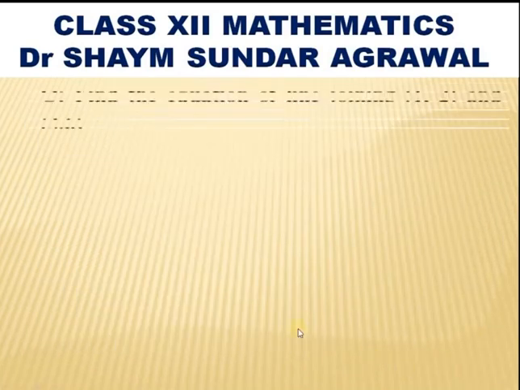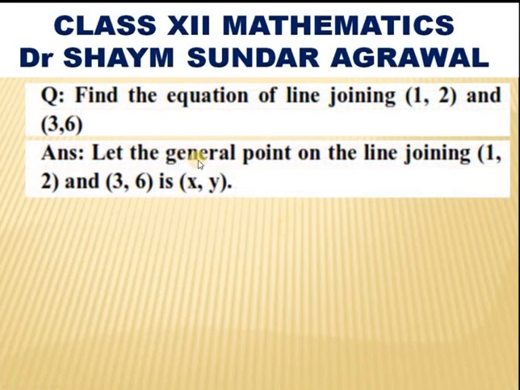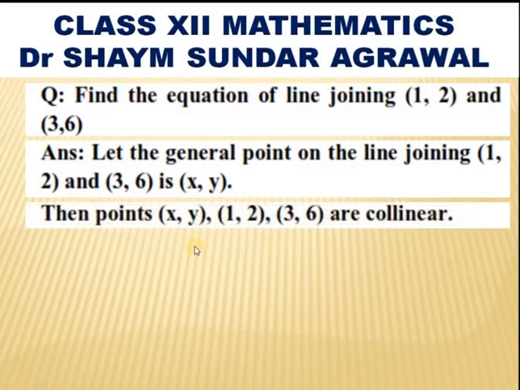Let us take an example. Find the equation of the line joining (1, 2) and (3, 6). Let the general point on the line be (x, y). So the points (x, y), (1, 2) and (3, 6) are collinear, and we know three points are collinear if the determinant is equal to 0.